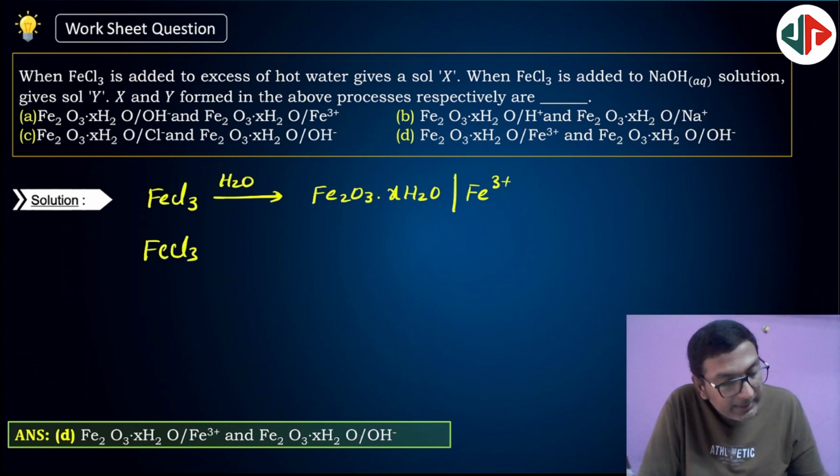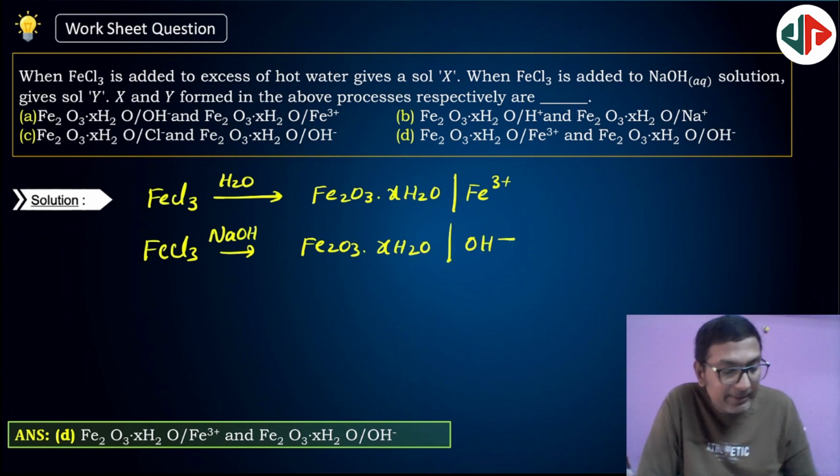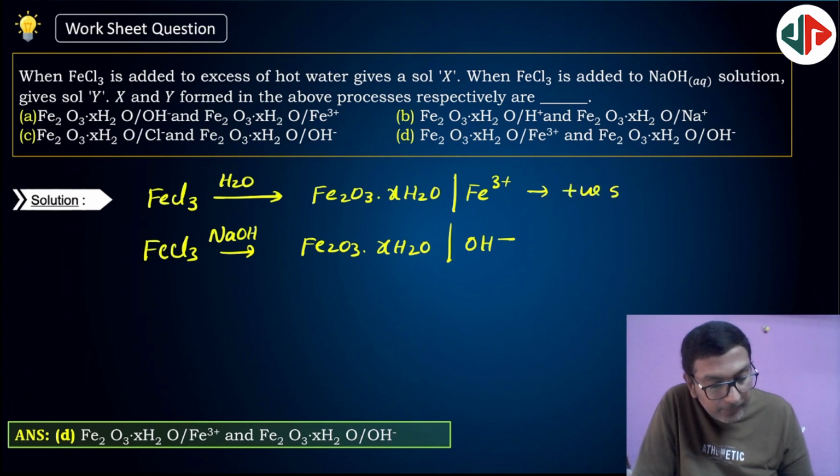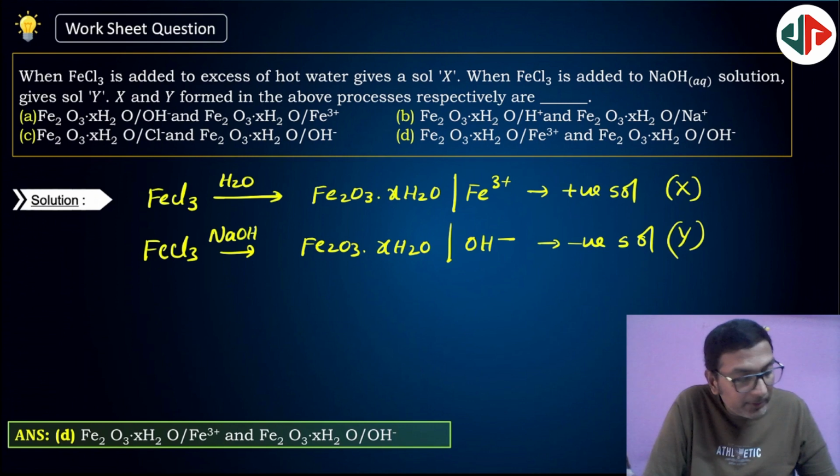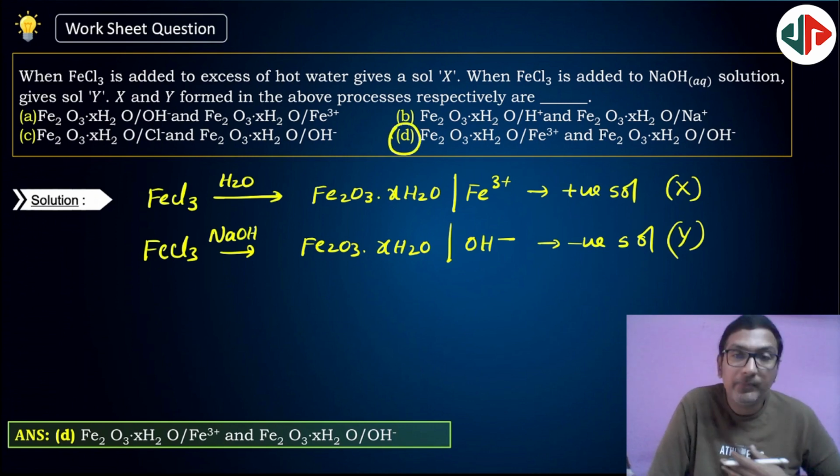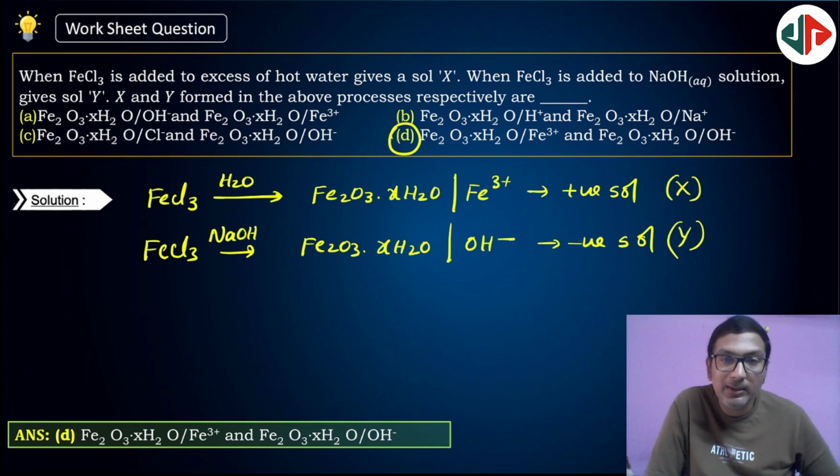Next, FeCl3 with alkaline solution NaOH forms Fe2O3.xH2O with adsorption of OH minus ions. So this is a positive sol and this will be a negative sol. This is X and this is Y. Therefore, option D. In basic medium, it can form a negative sol. So with aqueous medium, it forms a positive sol. Positive sol is due to adsorption of Fe3+. Negative sol is due to adsorption of OH minus. Next.